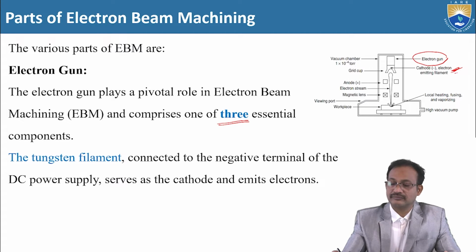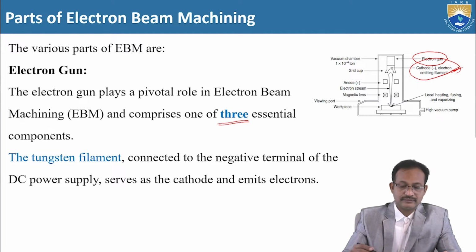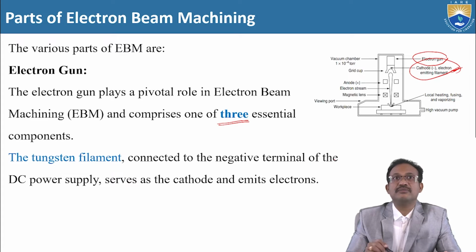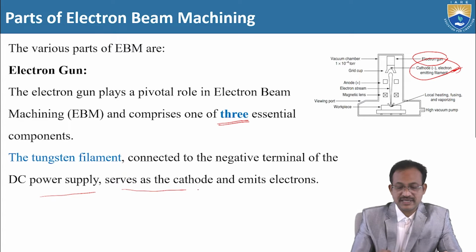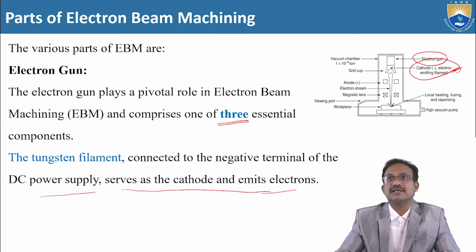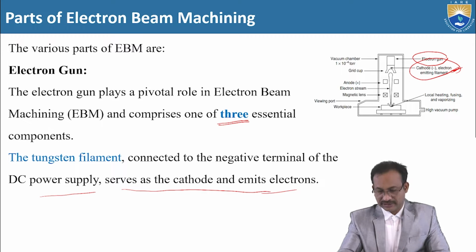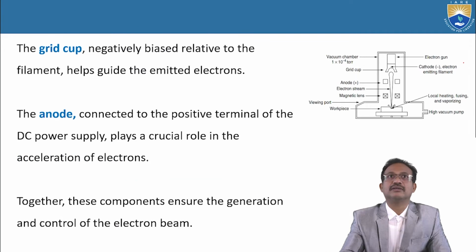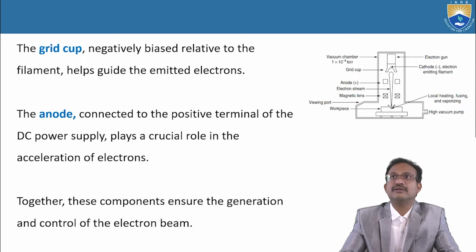So this is the tungsten filament. That is the first one. Now the second one, the grid cup.